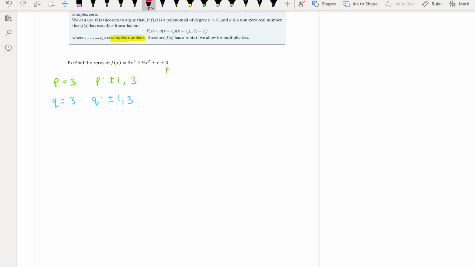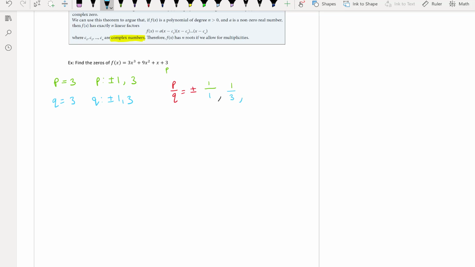So then my P over Q is going to be, and here are all of my values, so I'm going to take my P, so it's going to be 1, and I'm going to divide it by my Q value. So I'm going to take my P value, and I divide it by my Q, which is 3.